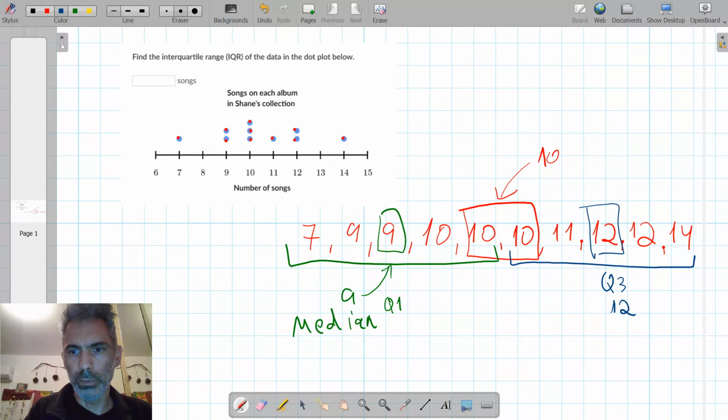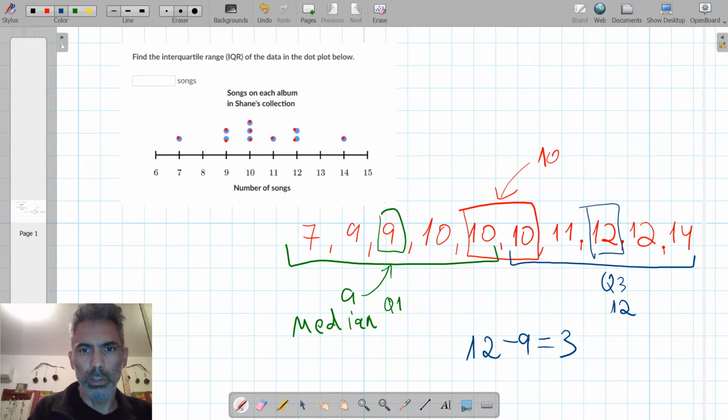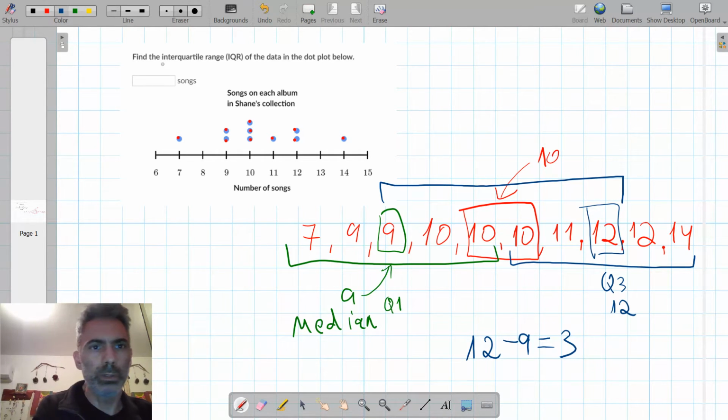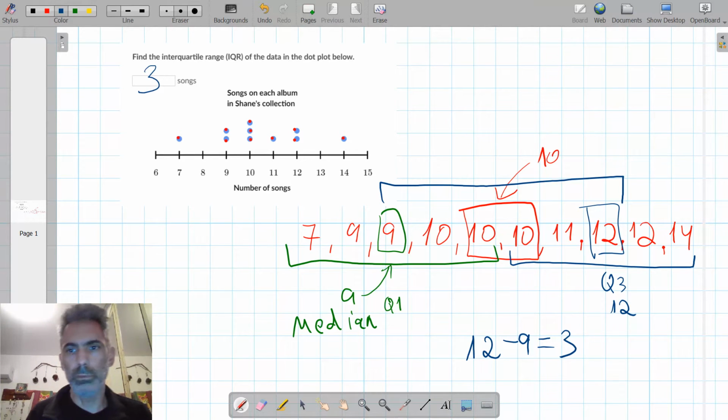So the difference between 12 and 9 is the interquartile range, which is 3. The IQR is the distance from Q1 to Q3, which is 3 songs.